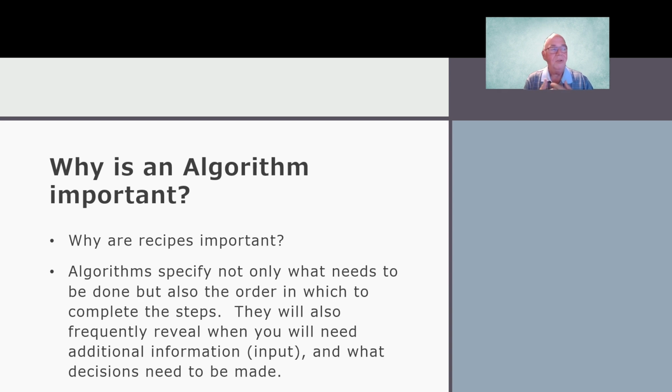In the process of developing an algorithm, as you build out these steps, that process will frequently reveal when you're going to need more information, what decisions have to be made in the course of the program execution, and what kind of outputs you are going to have. Those are the kinds of things that happen as you develop this out.